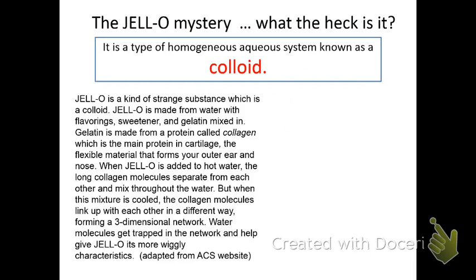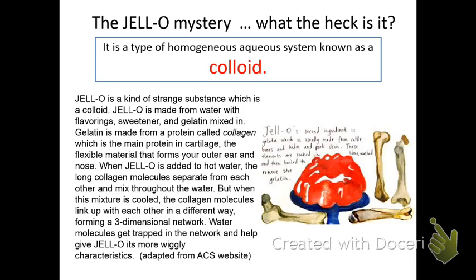When Jello is added to hot water, the long collagen molecules separate from each other and mix throughout the water. But when the mixture is cooled back down, the collagen molecules link up with each other in a different way, forming a three-dimensional network. Now this is the key, people. Water molecules get trapped in the network and help give Jello its more wiggly characteristics. This was adapted from the American Chemical Society website.